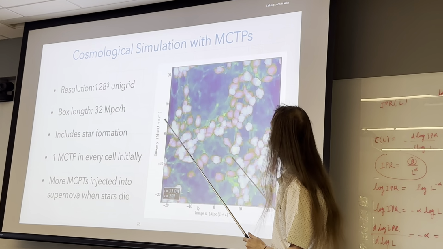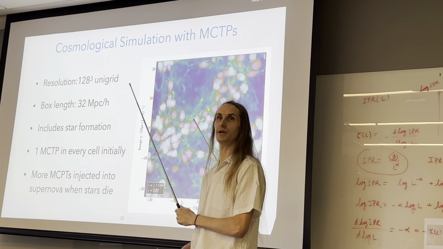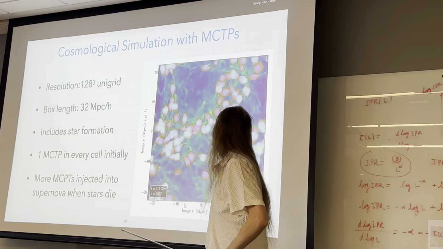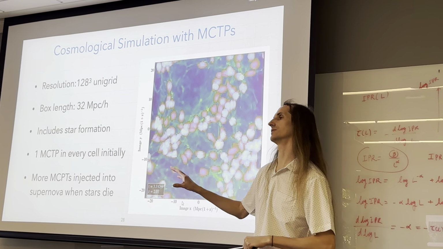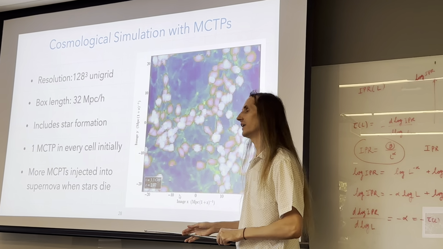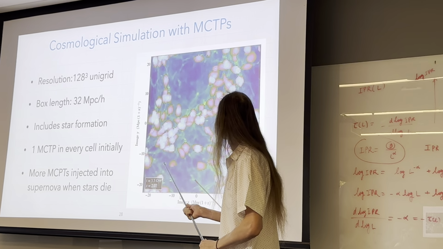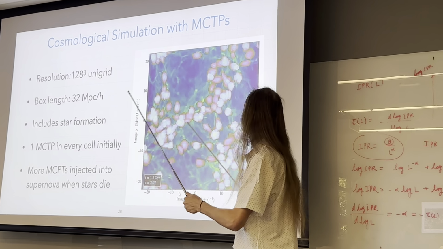Now, the most interesting simulation that we've run is a cosmological simulation that includes star formation and supernova feedback, where each time there's a supernova event, we inject these tracer particles into every cell that the supernova is affecting. And those particles will then go on to track the metals that are produced in that supernova.